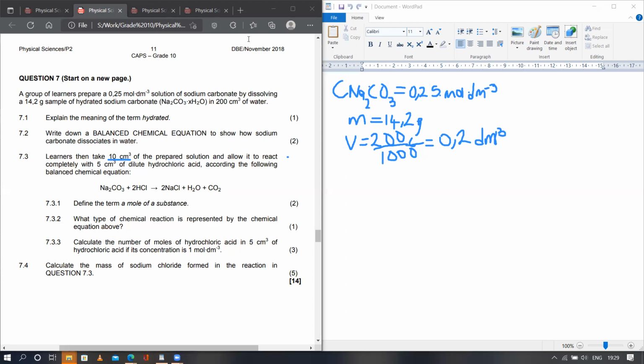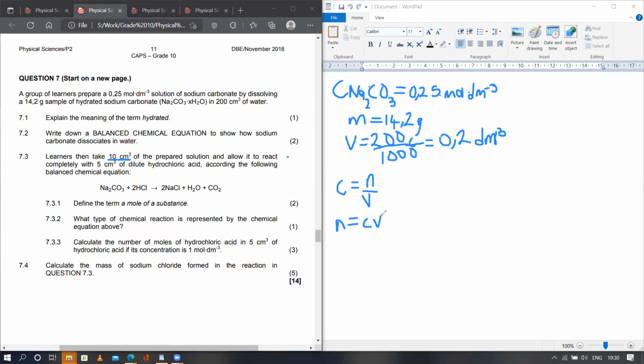So they say calculate the number of moles of hydrochloric acid in the 5 cubic centimeters of hydrochloric acid if its concentration is 1. So you know that your concentration is equal to your number of moles divided by volume. So they want you to find your n. They give you a volume of 5 cubic centimeters. The concentration is 1. So n is equal to CV.